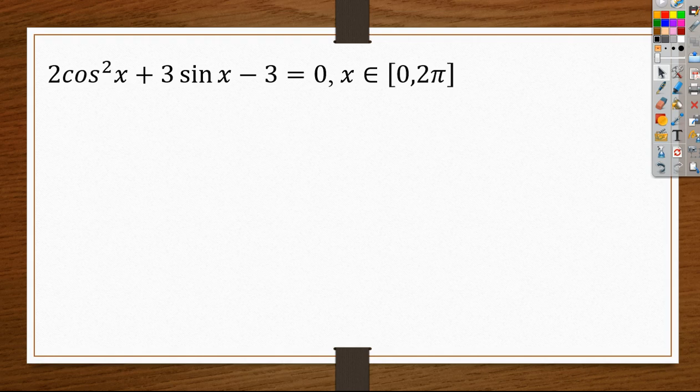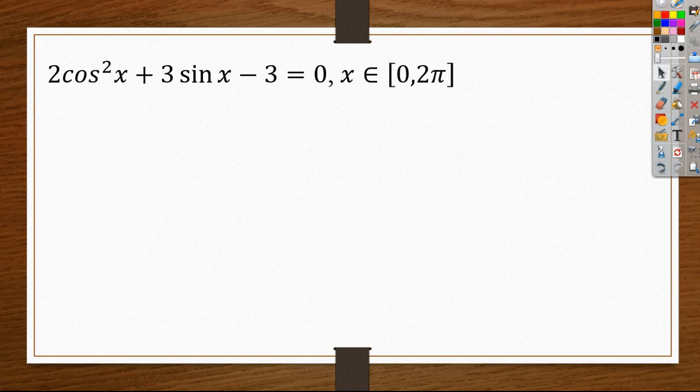Well, this is where we take a deep breath and remember, hey, we have those other trig identities, the Pythagorean identities. What we're going to do here is use a trig identity to get everything in terms of one trig function.